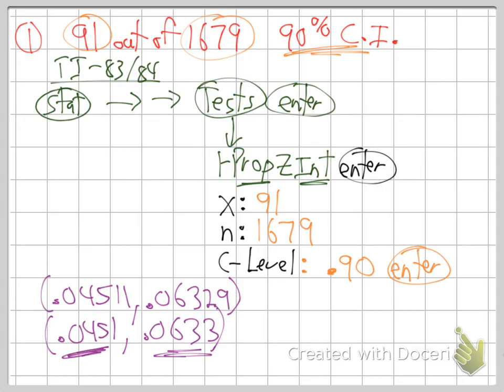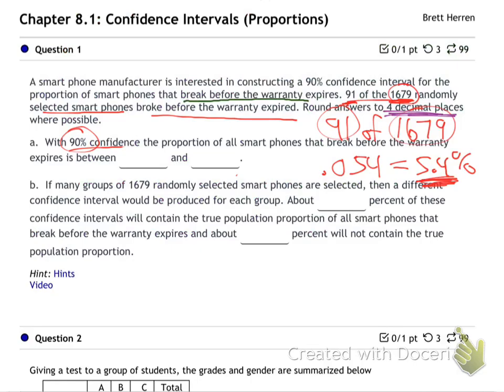In our little sample, we already said it was 5.4%, right? Because 91 out of 1679 was 5.4%. So we're saying it's between, what were those numbers again? 0.0451 and 0.0633.